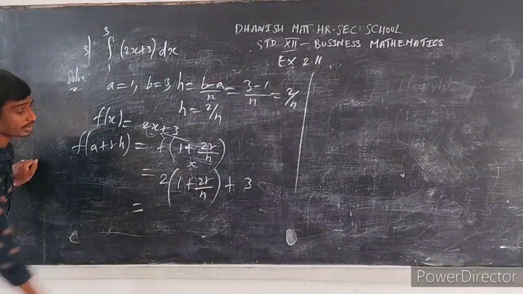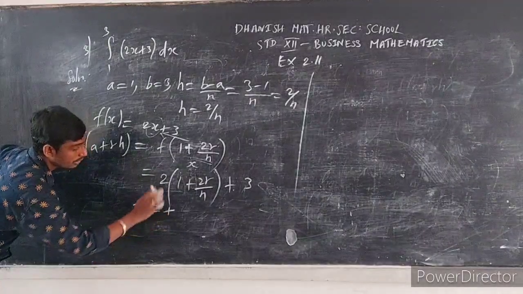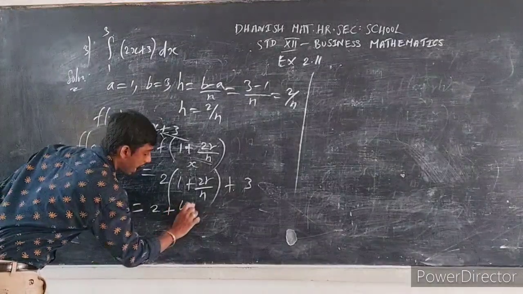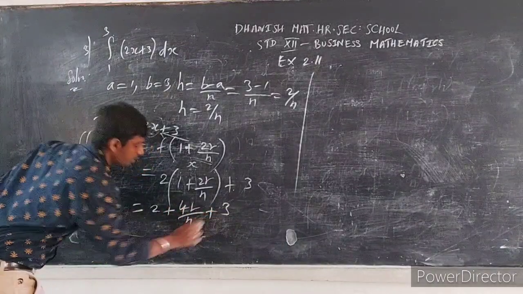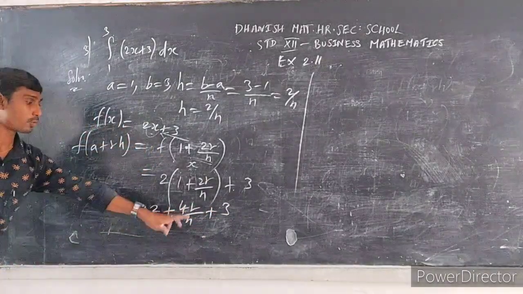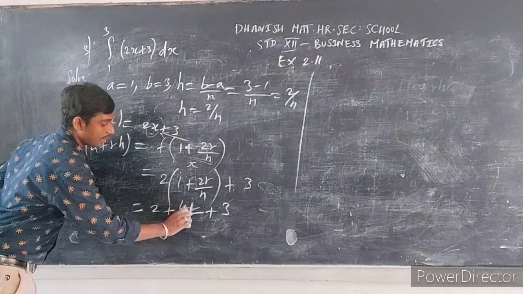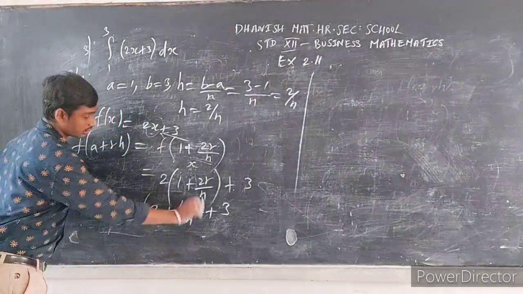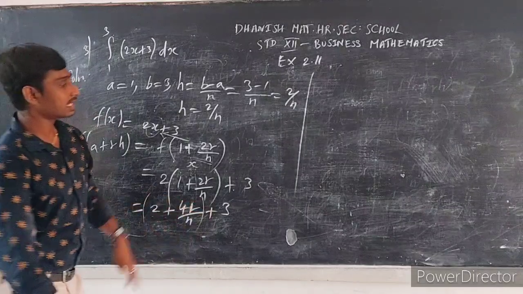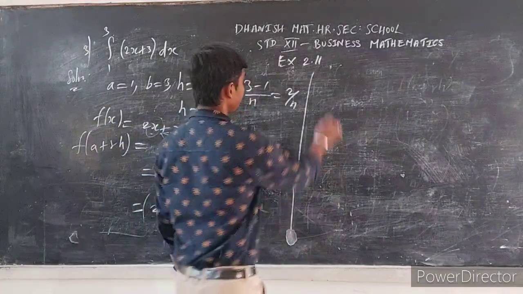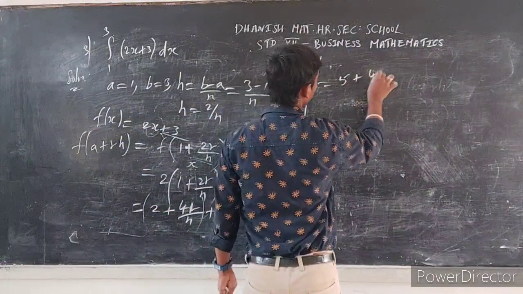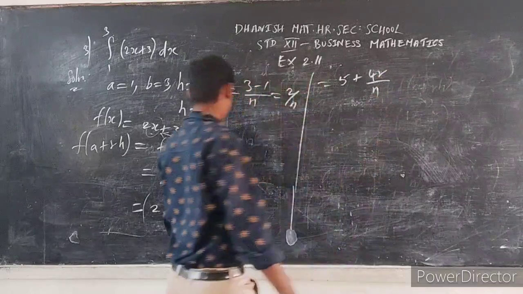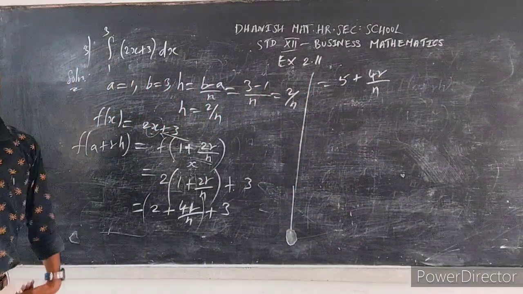Let's multiply this 2 into this. 2 into 1 will be 2. Here it's 4r divided by n. So the value is 2 plus 4r divided by n plus 3. Let's add this: 2 plus 3 will be 5, plus 4r divided by n.